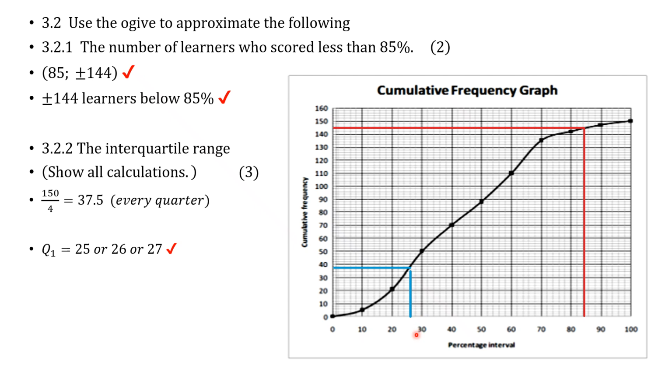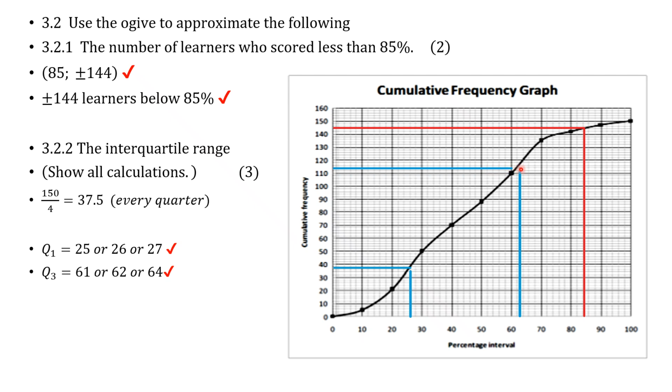Go across and down, my answer here should be between 25 and 27. So you can have 25, some of you would get 26, some of you would have 27. We go to quartile 3, as I said, if I add the 37,5, still I get to 112.